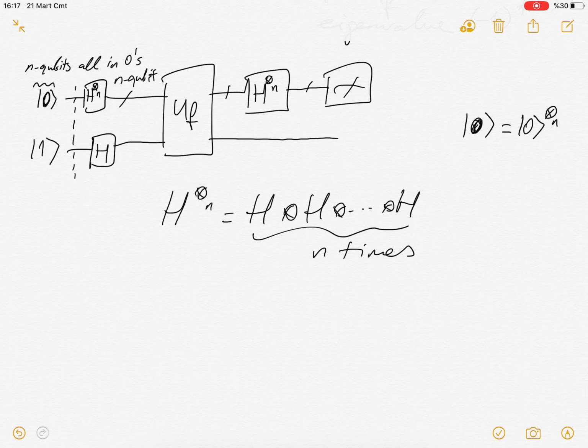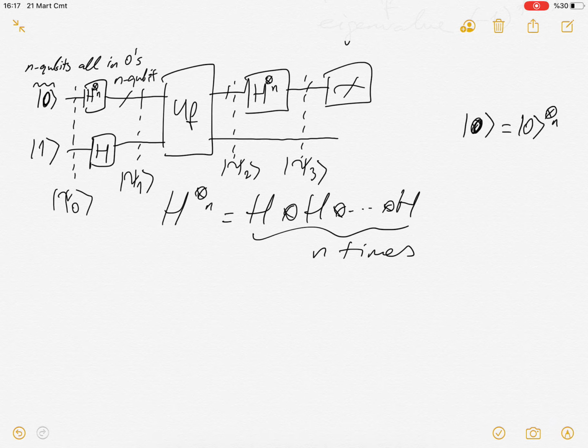Suppose that this is psi 0. This is psi 1. This is psi 2. And this is psi 3. So let's write each step then.